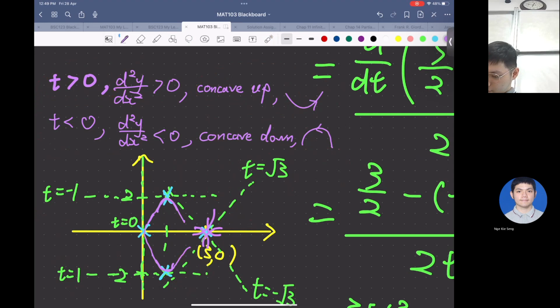Maybe you will throw this guy up. Similarly, you can do it for t equals -2, where we throw this guy up. So in the end, this is our space curve, the curve traced by the particle.